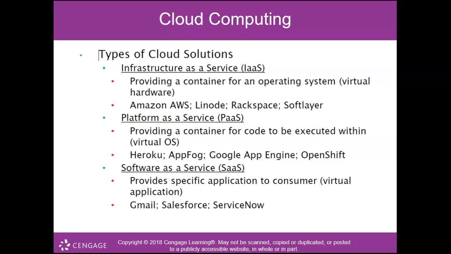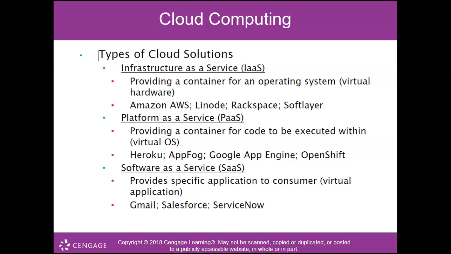So just be aware there are several types of cloud computing. One is PaaS, platform as a service, which is going to provide IT services over a network, such as virtual servers, databases, and APIs, which is that integration between systems to make sure that they can talk to each other.